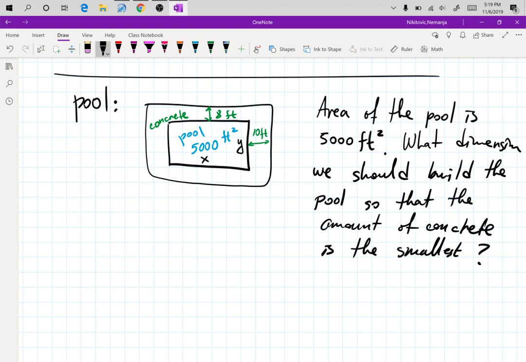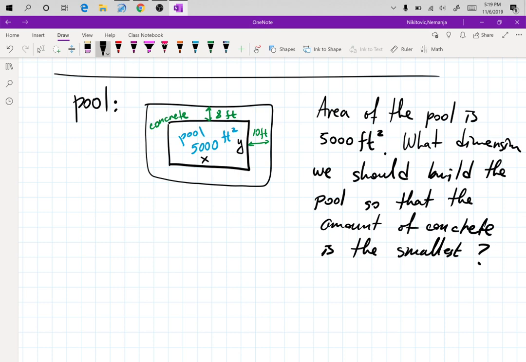You are already willing to pay for the pool of 5,000 square feet. Do you really want to add additional huge cost for the concrete? You can make the concrete even smaller, 6 and 8, let's say, but the chairs are 6 feet at least, maybe even 7 feet. So you want at least a little bit to walk around.